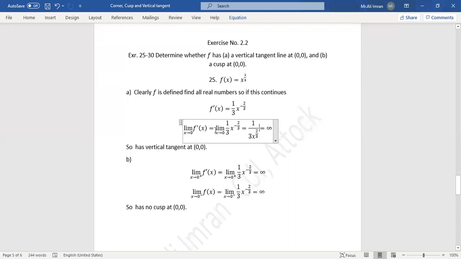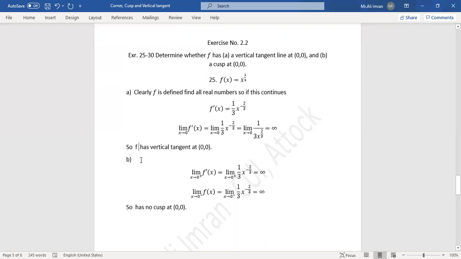If we put the limit as x approaches 0, we get the limit of f' equal to plus infinity. So if the function is continuous and its limiting value is infinity, then the function has a vertical tangent. In this case, f has a vertical tangent at (0, 0).